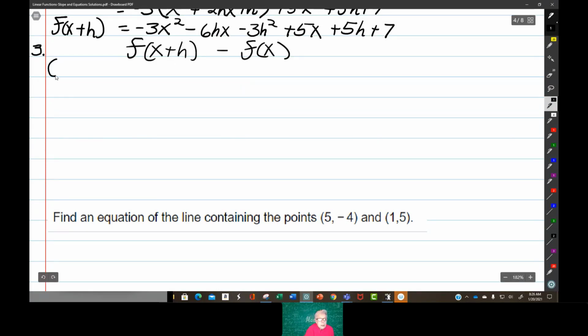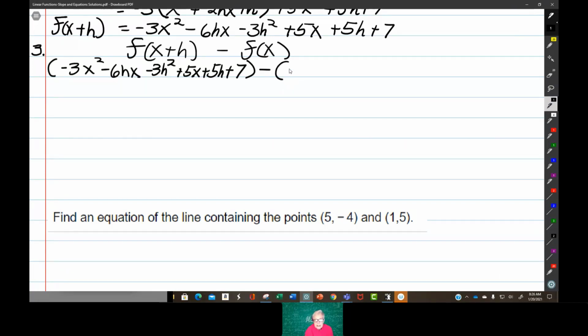F of x plus h we just found is negative 3x squared minus 6hx minus 3h squared plus 5x plus 5h plus 7 minus the original f of x, which is negative 3x squared plus 5x plus 7.